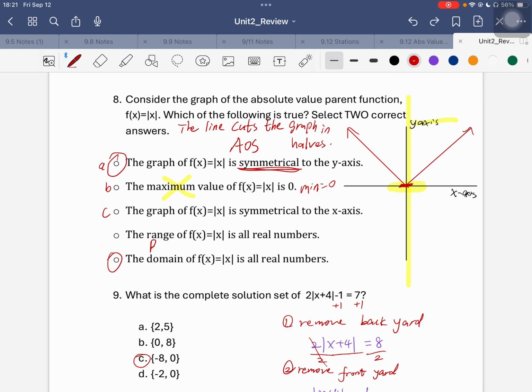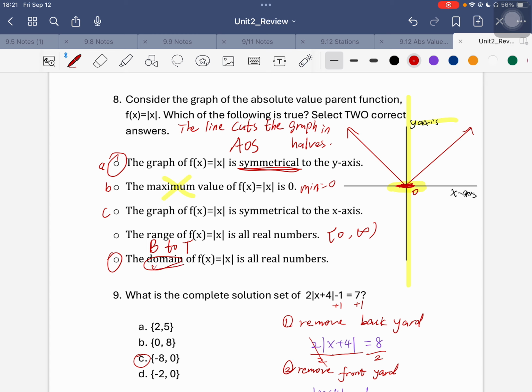The range is bottom to top. This bottom is 0, so the smallest range is 0, and it goes on and on infinitely. So it's 0 to infinity. That's the range. Which attribute is all real numbers for all absolute value functions? That is the domain.